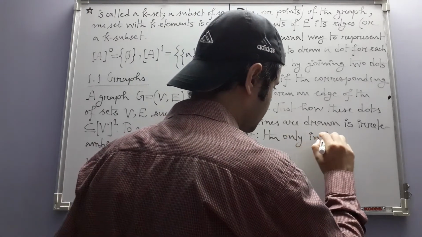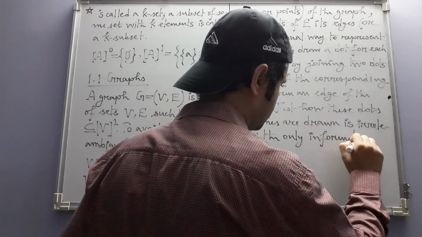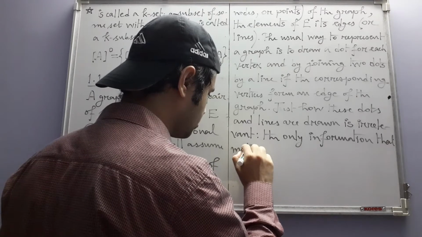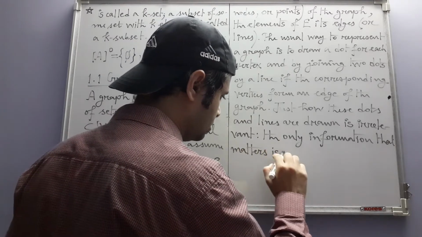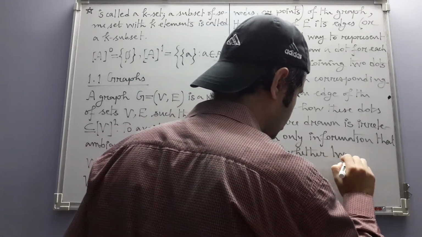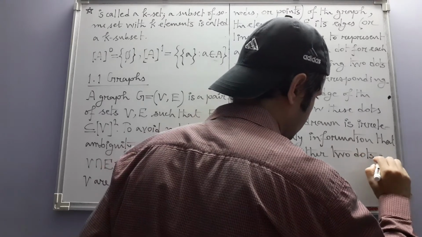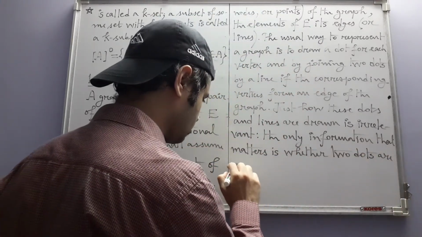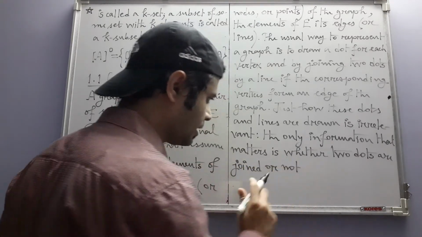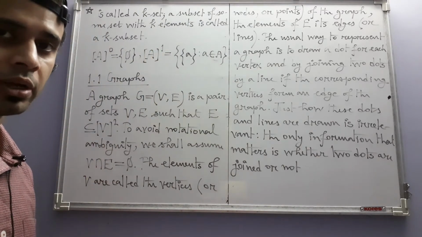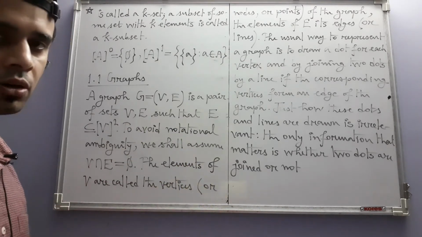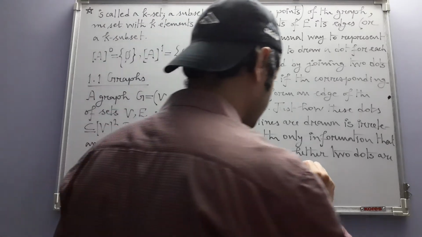The only information that matters is whether two dots are joined or not. In other words, the corresponding vertices form an edge or not, according to this method of representing a graph.